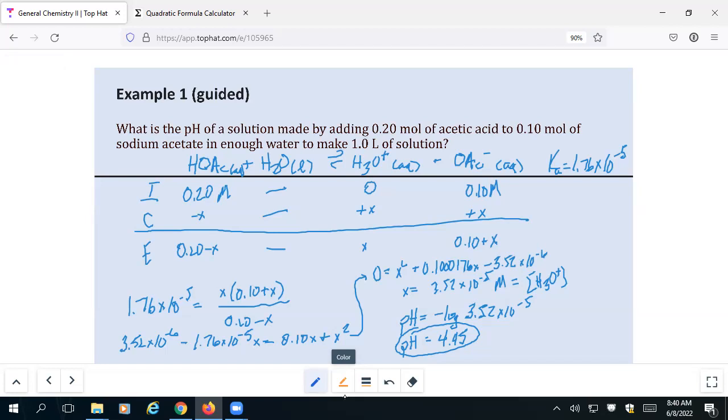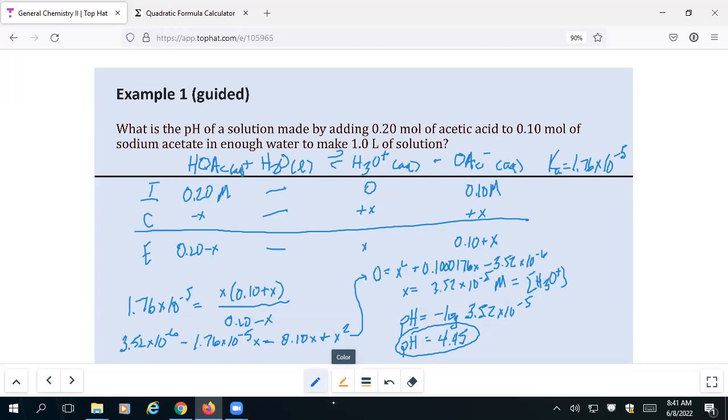So 0.2 times 5% is 0.01. So 1 times 10 to the negative second. So we're talking about 3 orders of magnitude difference. That's more than enough. 0.1 times 0.05 is 5 times 10 to the negative third. 2 orders of magnitude.